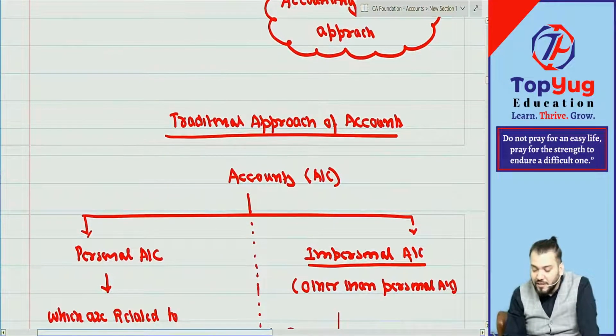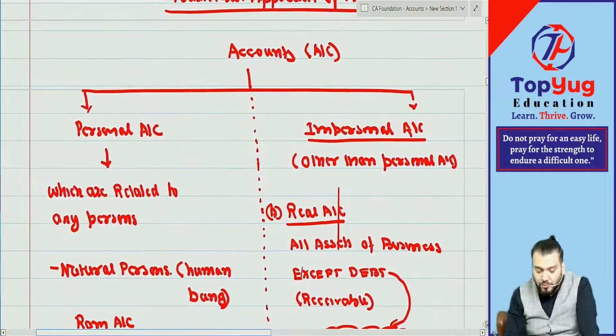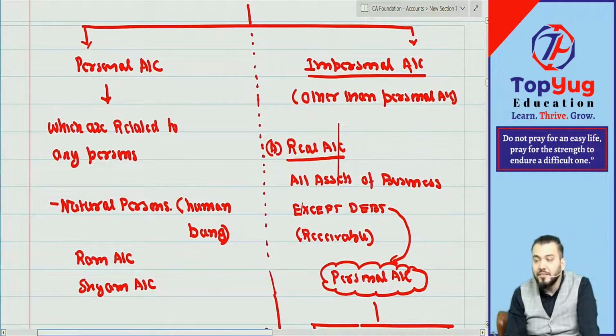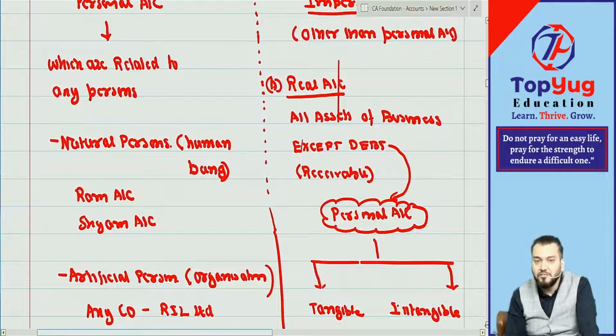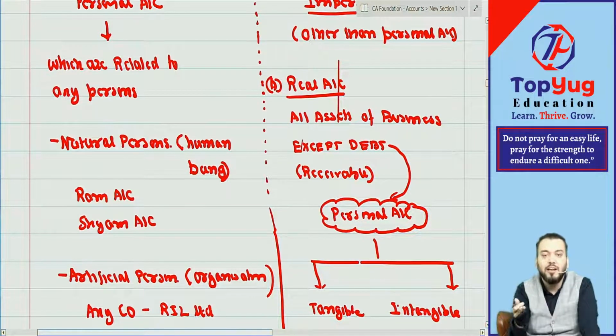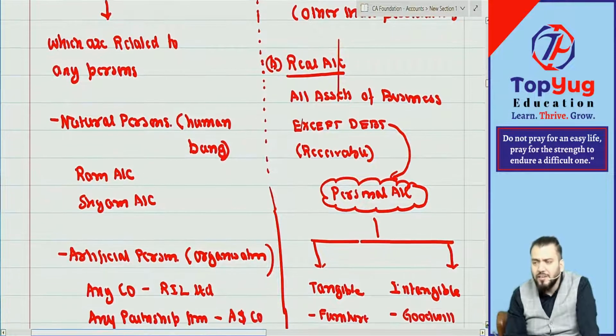So as per traditional approach, accounts are of two types. One is personal account, other is impersonal account. Personal accounts, you have understood, are those related to any person. Now this person can be either a natural person, artificial person, or a representative personal account. Representative personal account means an account which represents either a single or a group of natural or artificial persons.